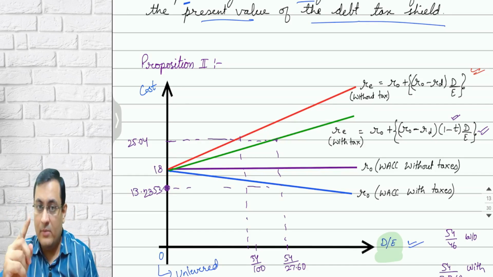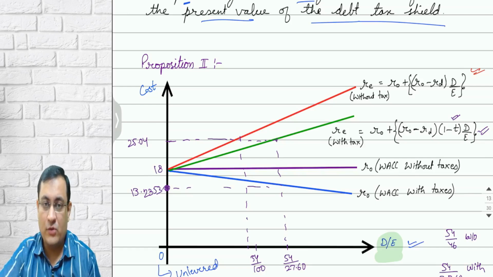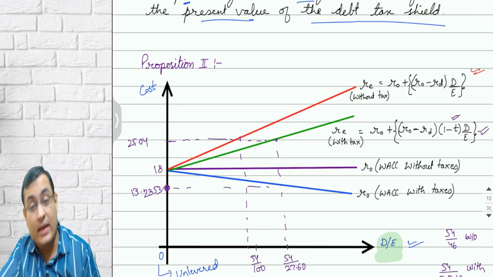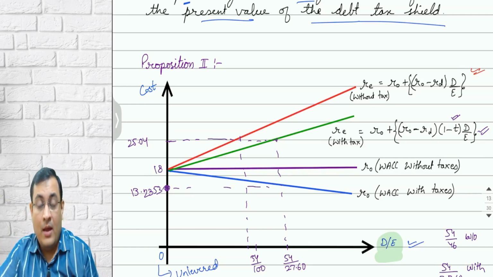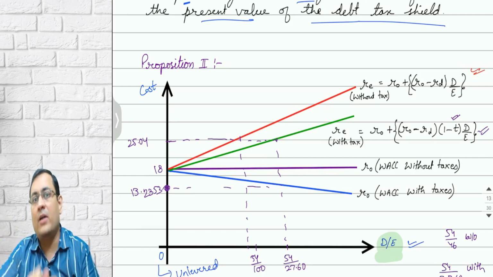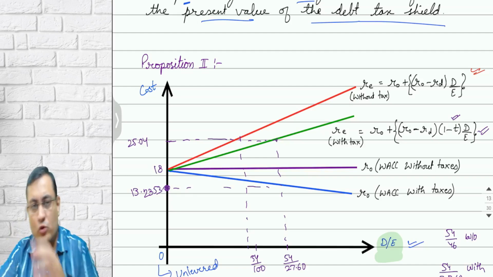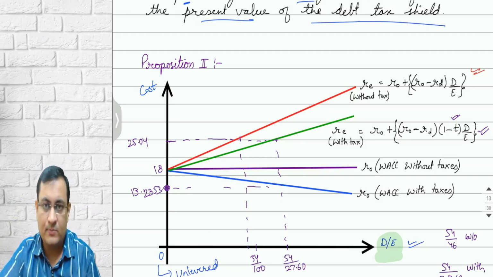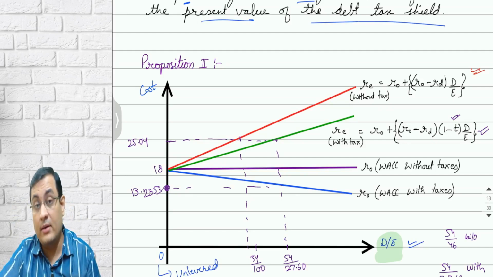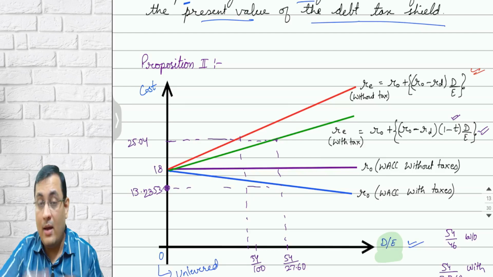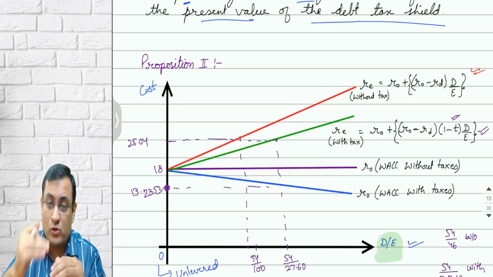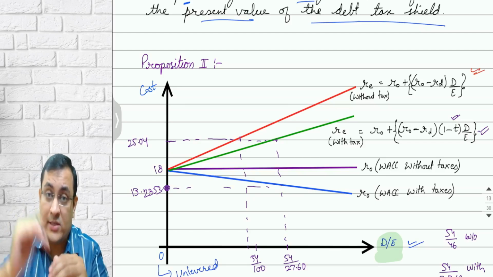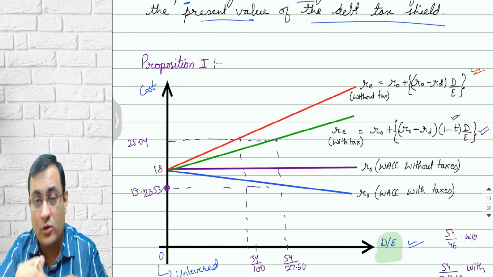So here your cost of equity is increasing, but at a slower pace. And your value of firm is increasing already as per proposition 1, with the increase in debt and with the increase in income tax rate also. The impact on the WACC will be that you are using a cheaper source of debt as you increase your debt, moving on the x-axis. This creates an advantage in terms of WACC. And over and above that, that interest is also tax deductible.